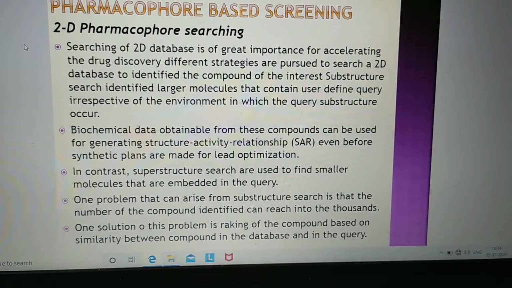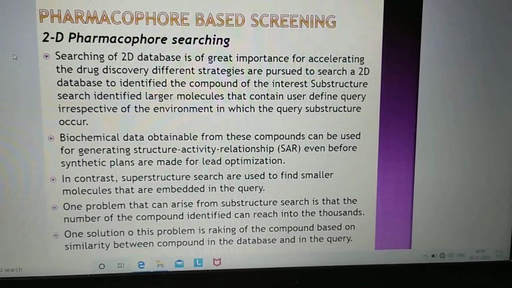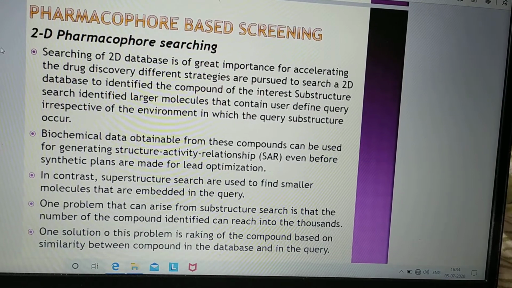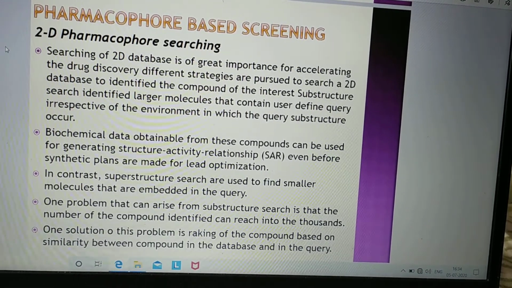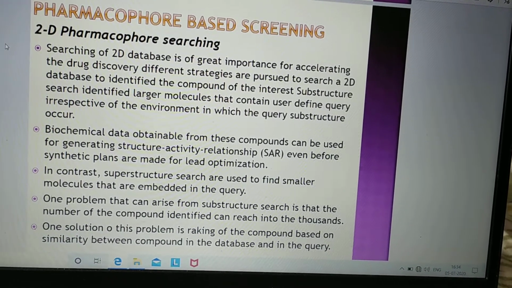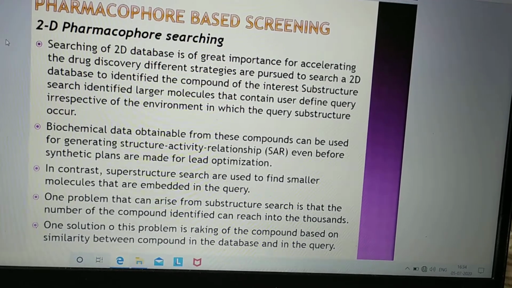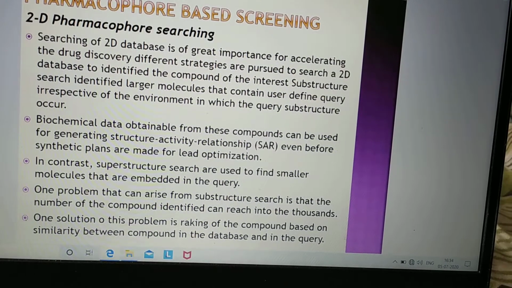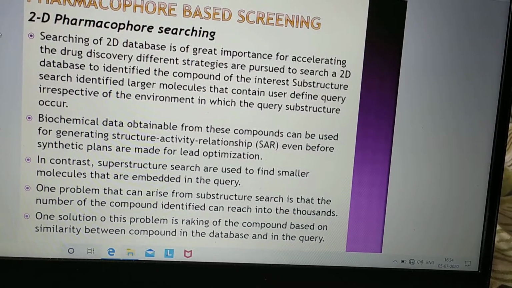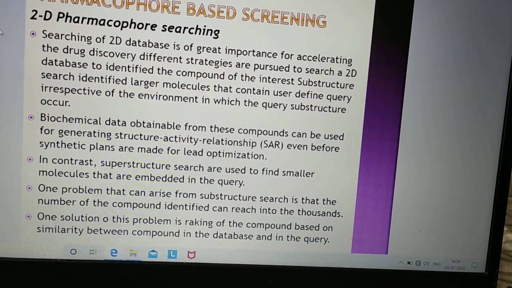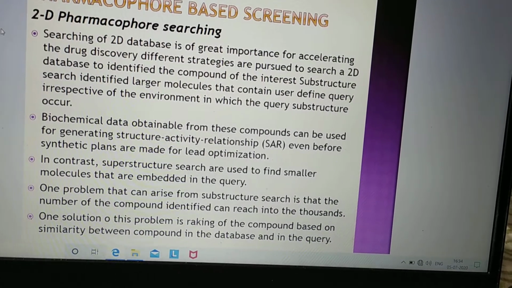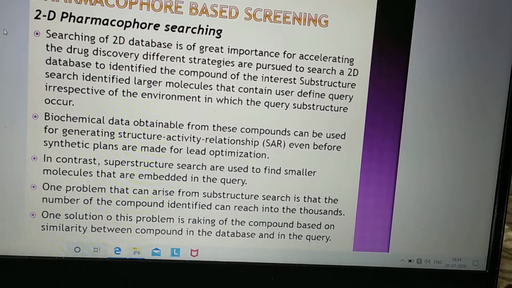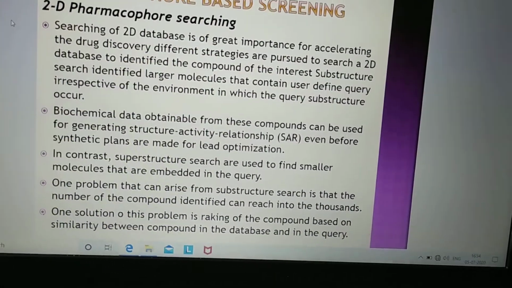Pharmacophore searching of 2D databases is of great importance for accelerating drug discovery. Different strategies are pursued to search a 2D database to identify compounds of interest. Substructure search identifies larger molecules that contain a user-defined query irrespective of the environment in which the query substructure occurs.